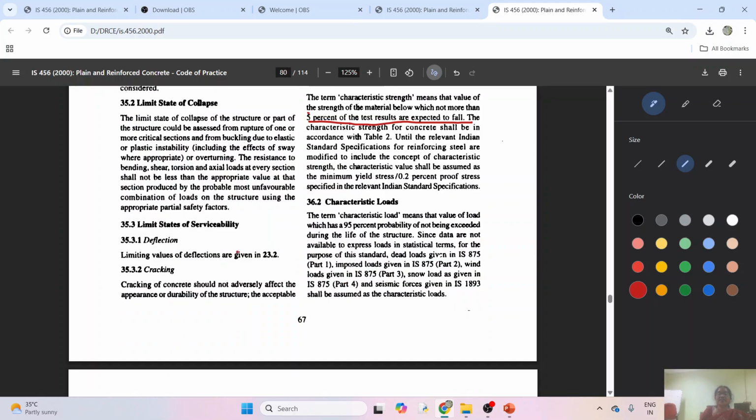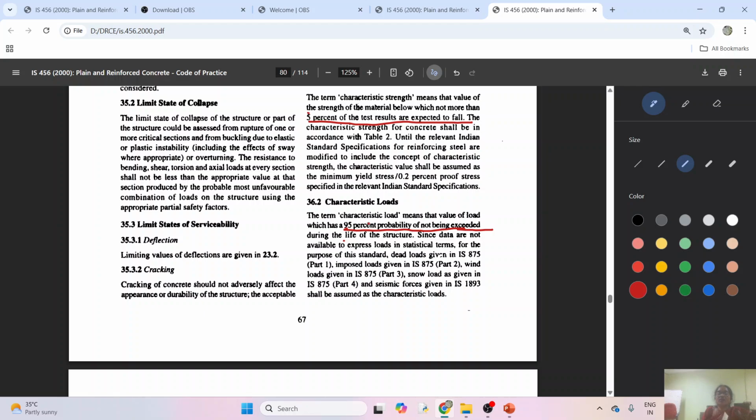Then characteristic load. The term characteristic load means the value of load which has a 95% probability of not being exceeded during the life of the structure.